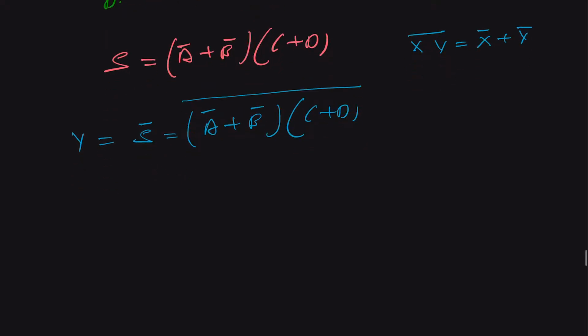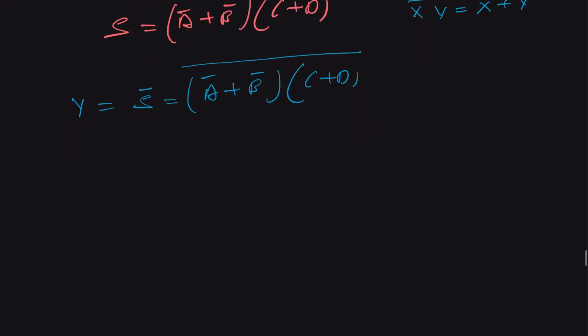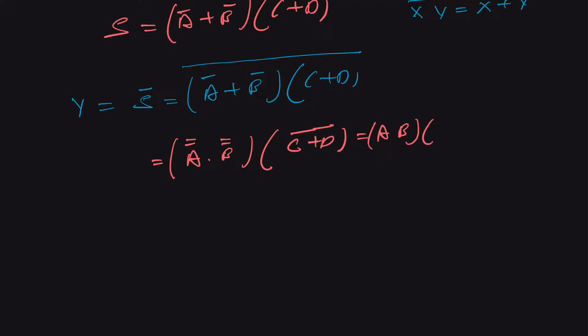So same thing we are going to use here also, and so this gives us AB, and on the other side, this C plus D we can write as C complement and D complement.